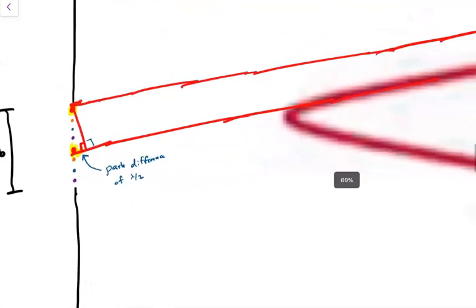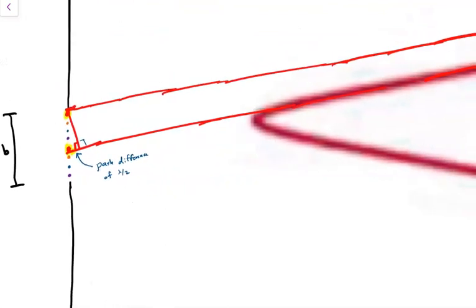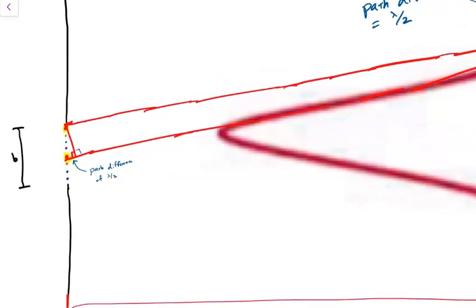That being said, in order for there to be a path difference of lambda over 2, that means that this line right here on the top is equal to this line. And I wanted to just let you know that there is some mathematically incorrect issue going on here, but due to the small differences in this length, the approximation that we made in double slit, the small angle approximation, will work again in this another version of an approximation.